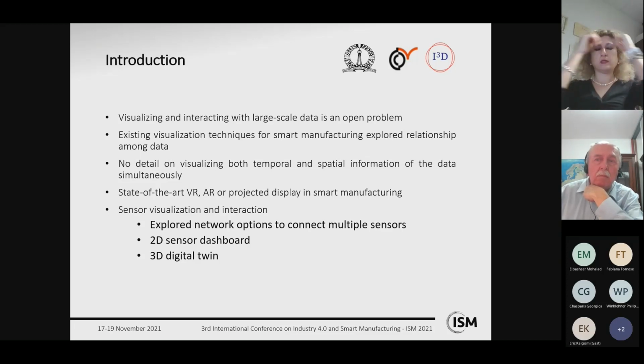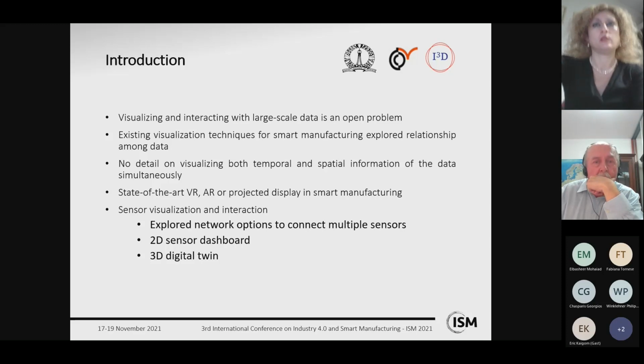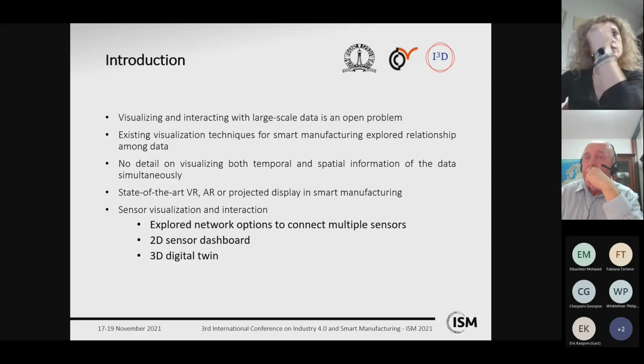Visualizing information over a time period from each of these sensors separately requires a large screen space, and users may also require interacting with the data of the sensors to infer performance objectives like productivity, pollution levels, safety issues, etc. And so all these make visualization for sensor monitoring very challenging.